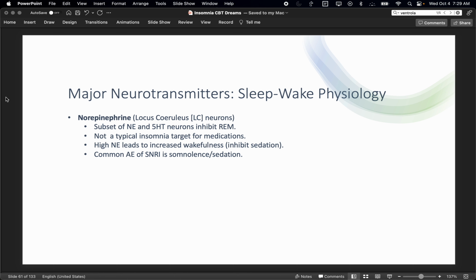It's a subset of both norepinephrine and serotonin together will inhibit REM sleep, so that's a way that they affect it. It's not typically a target for medication. Some people note sedation with things like venlafaxine, but it's not typically a side effect of affecting serotonin or norepinephrine systems.